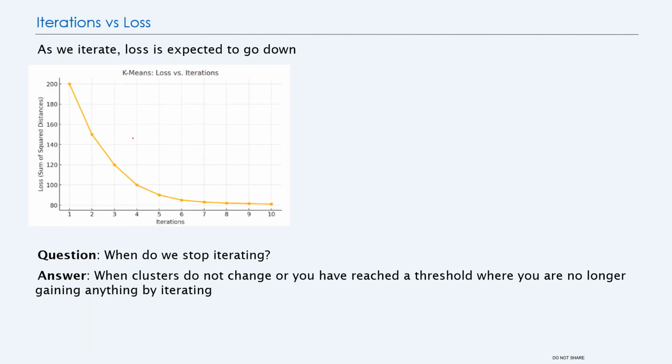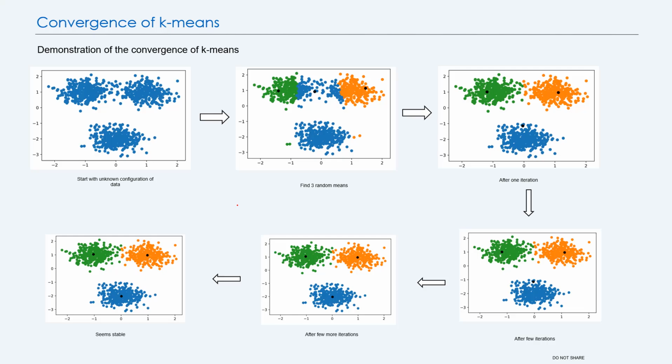And when to stop, maybe when the loss is not decreasing so much, we can stop because we don't have to do more computation. Or you stop when the clusters don't change. Now, typically, in a very large set, the clusters will always change. You will move from one to the other. But at some point, you have to stop iterating. So that's the idea of K-means clustering.